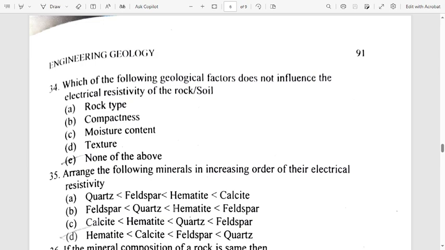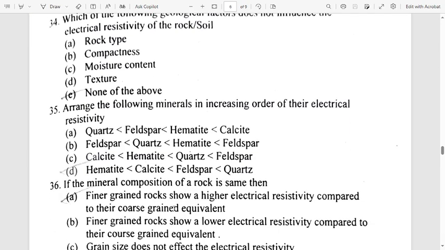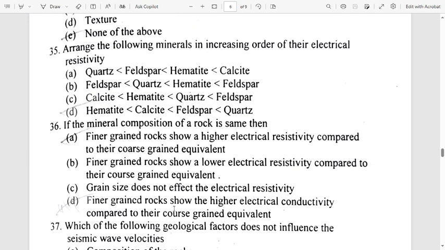Arrange the following minerals in increasing order of their electrical resistivity: hematite, calcite, feldspar, and quartz. If the mineral composition of a rock is the same, then finer grained rocks show a higher electrical resistivity compared to their coarse grained equivalent.